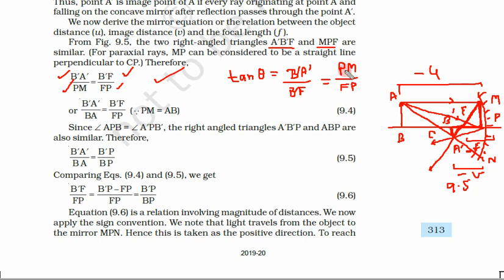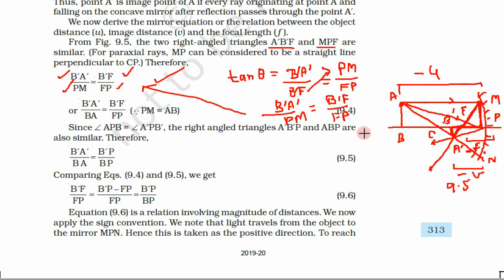Now let us do the cross multiplication. We take this side and this side. So what we get is B dash A dash divided by PM must be equal to B dash F divided by FP. This is the equation that we have here.